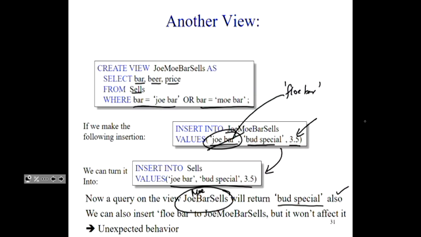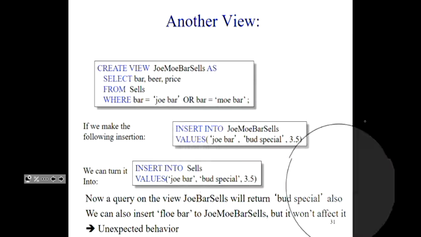So once again, you have some unexpected behavior depending on which query you use, depending on which attributes you've listed in the select clause of your view. Okay, so this is somewhat confusing.